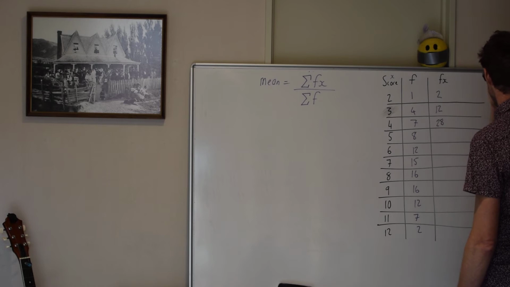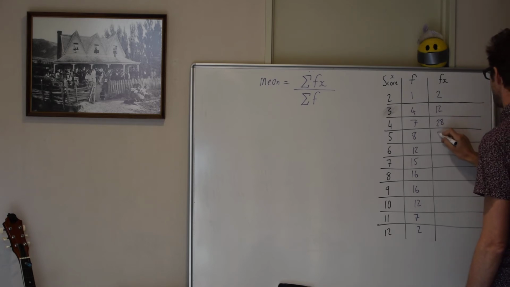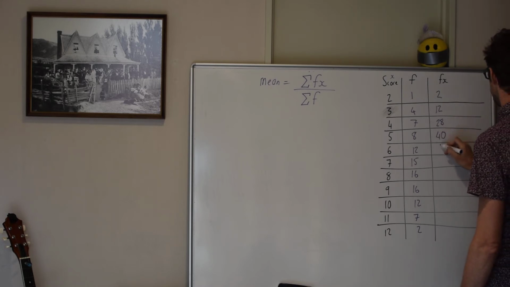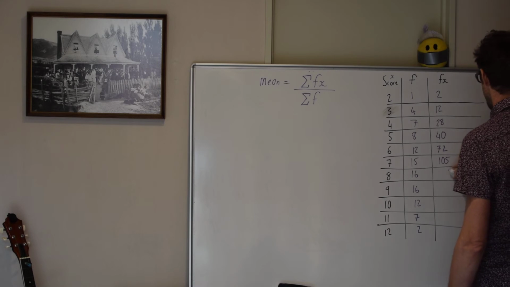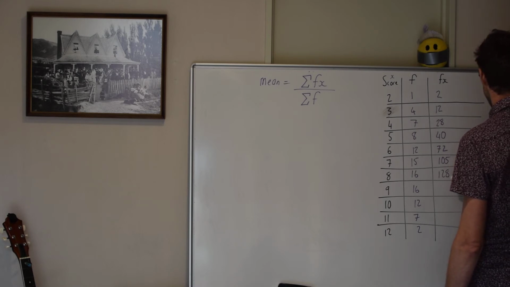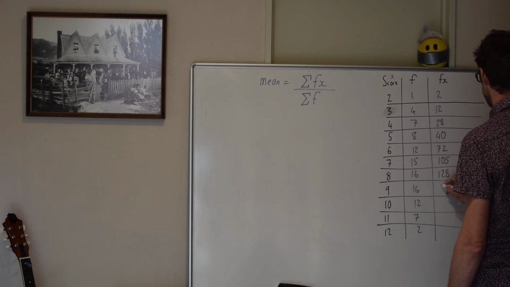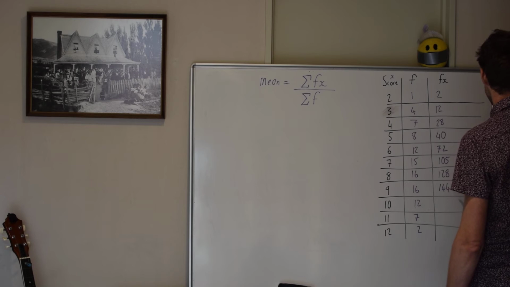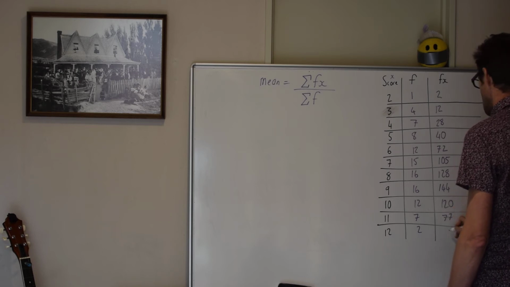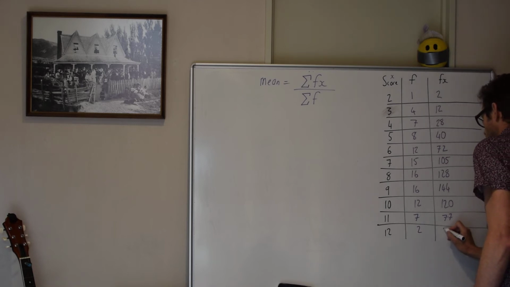And we can do this for all of our values. 5 times 8 is 40, 6 times 12 is 72, 7 times 15 is 105, 8 times 16 is 128, 9 times 16 is 144, 10 times 12 is nice and easy, 11 times 7 is nice and easy, and 12 times 2 is 24.